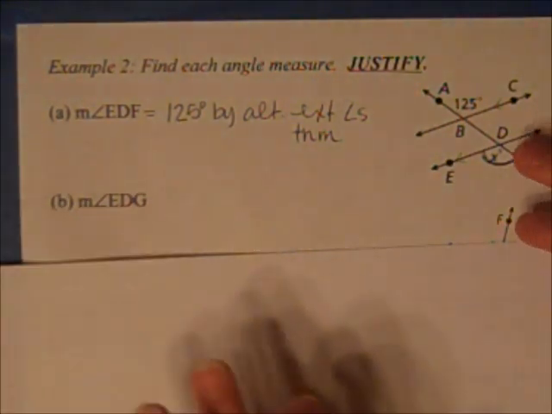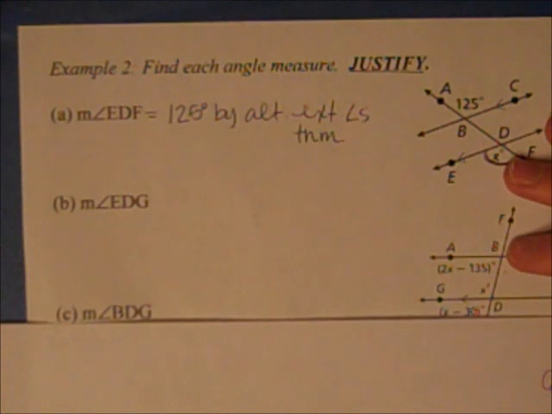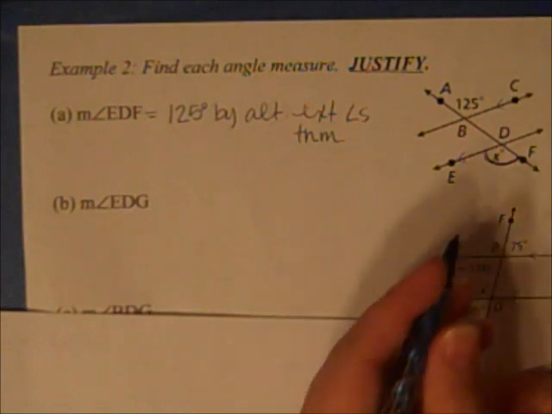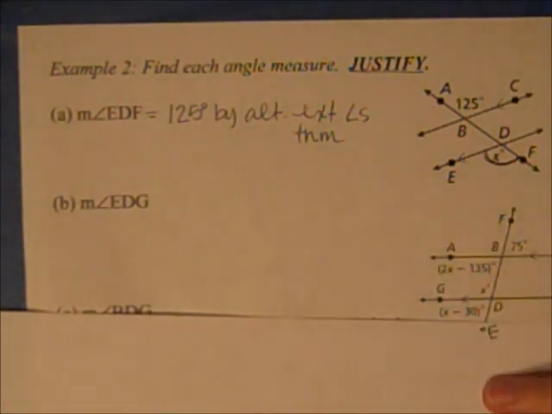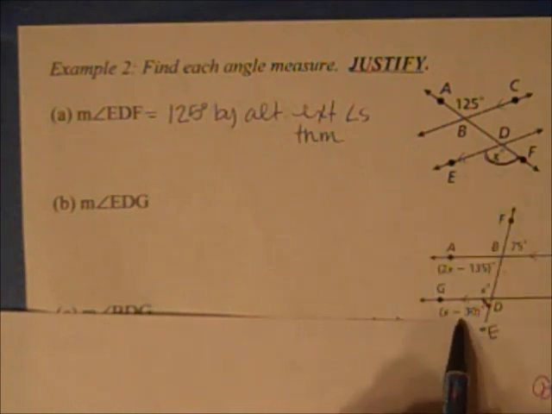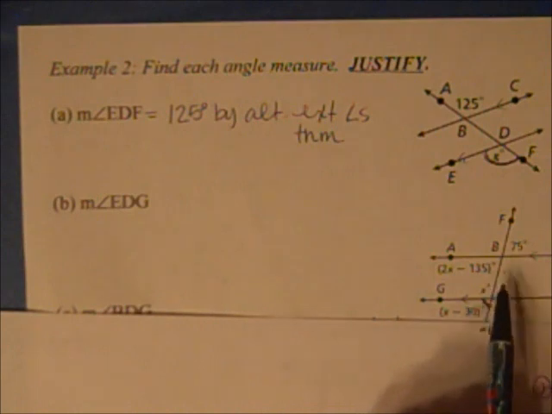Okay, scooting down to the next problem where we have a little algebra. EDG, and this is E down here. I don't want to uncover this because I have the answer to part C. So I want to find EDG, which is X minus 30. Now I could use this, but that's not going to get me very far because I have just all variables.